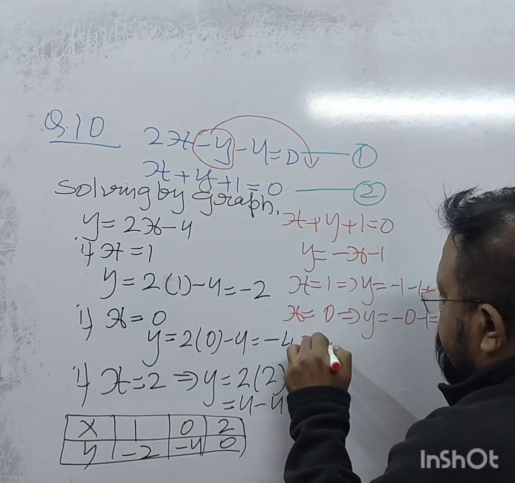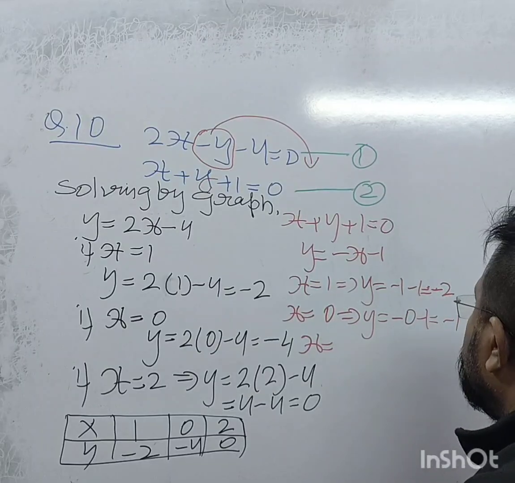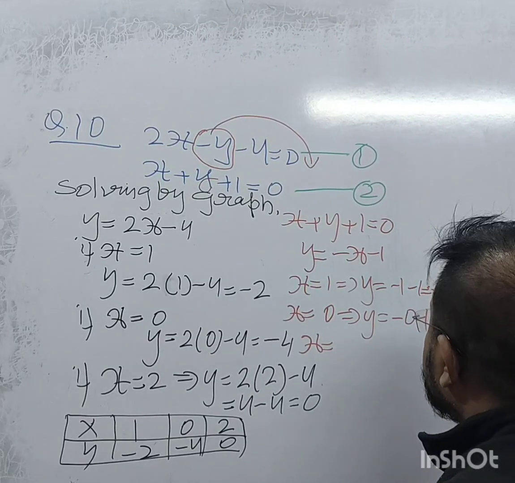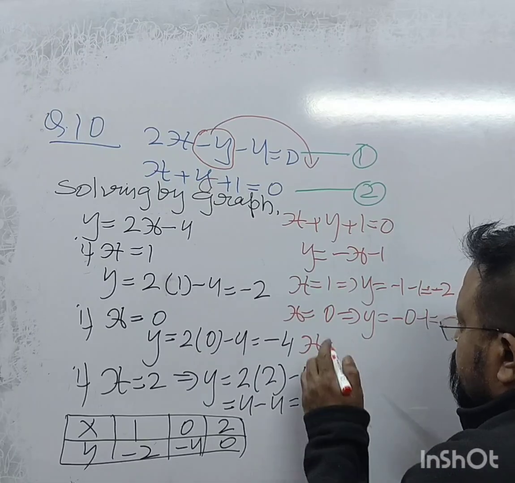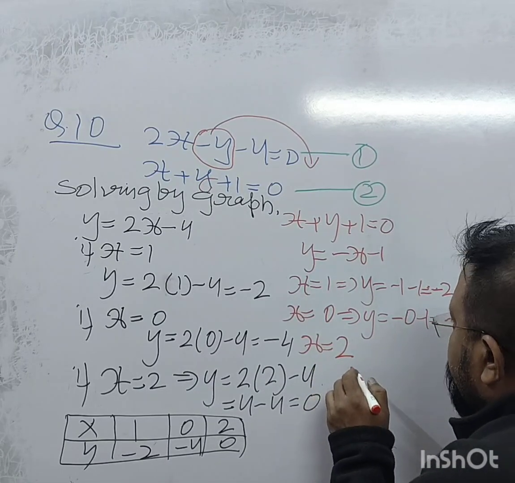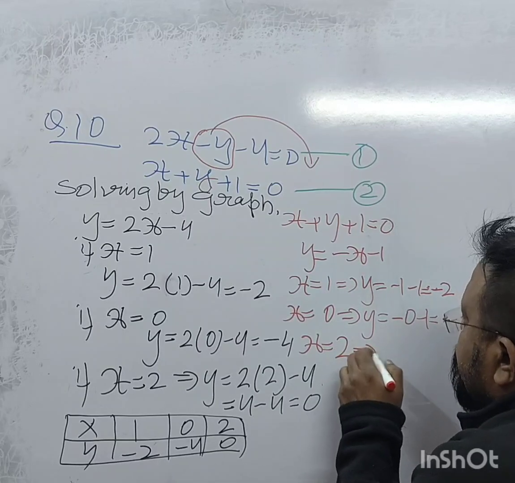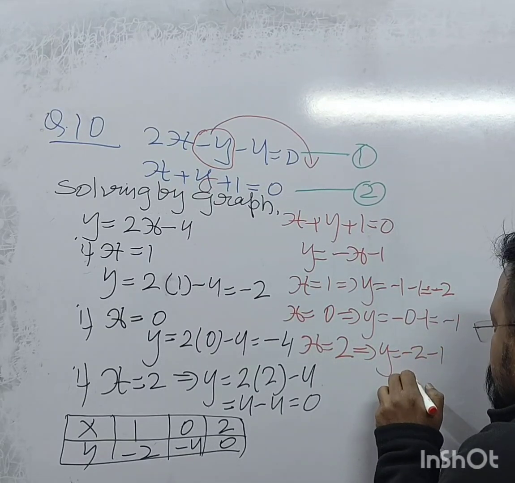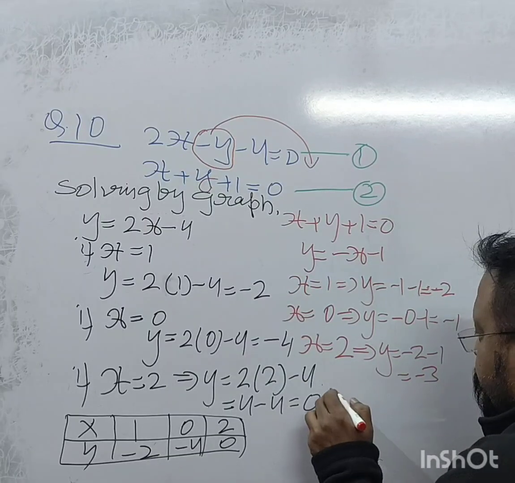And if x is equal to 2, then y is equal to minus 2 minus 1, which becomes minus 3. You get it?